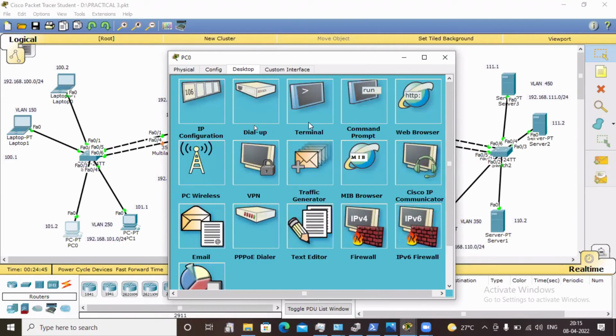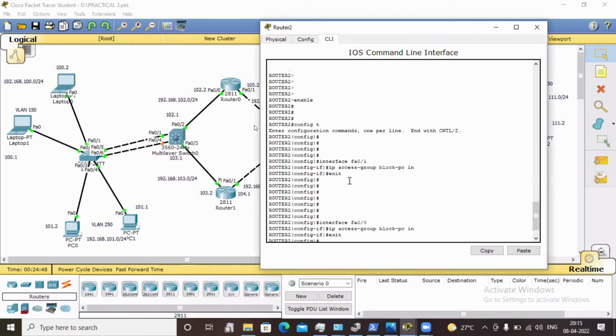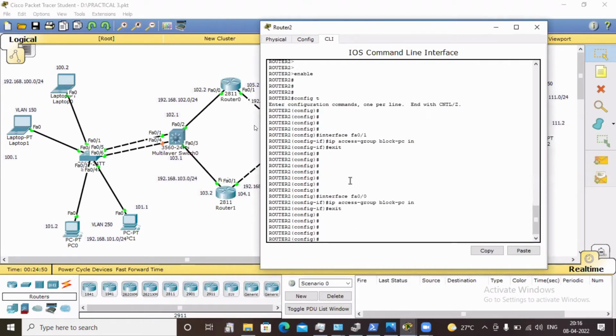Okay. Now what exactly you need to do? You need to configure telnet and SSH. Just minimize this window.